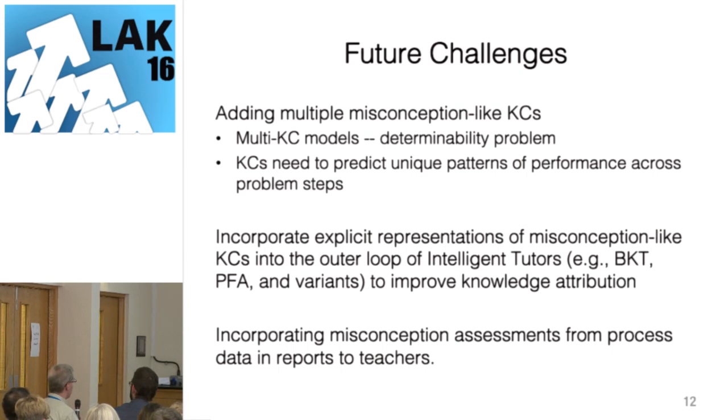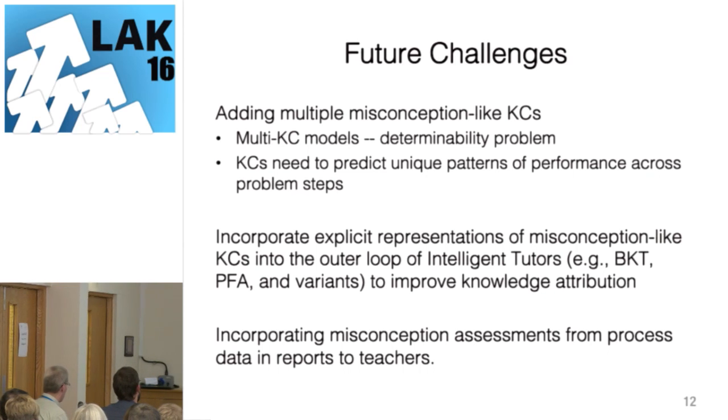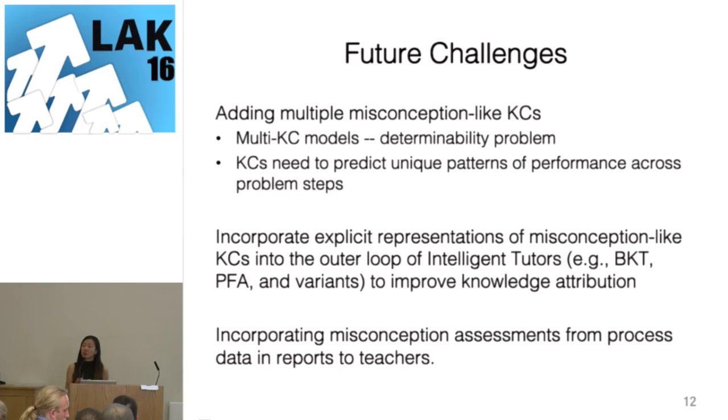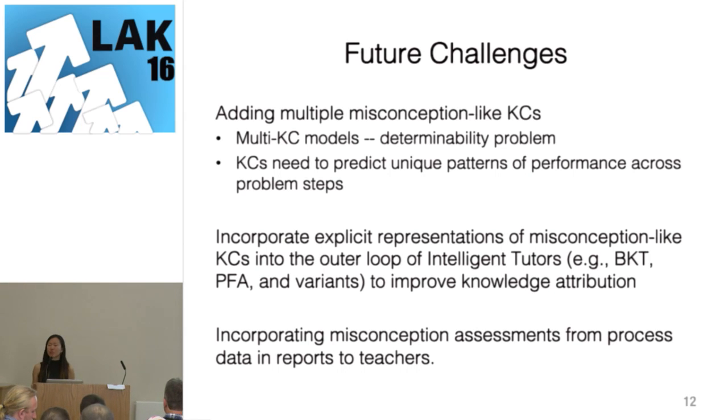Have you thought about whether this is going to help solve many problems, or is this kind of a trick that works here? I'm just trying to see when this would generalize. It's a really good point because, as I mentioned at the end, if you're just using correct and incorrect information, it does require a unique pattern across problem steps in order to model this well, right?